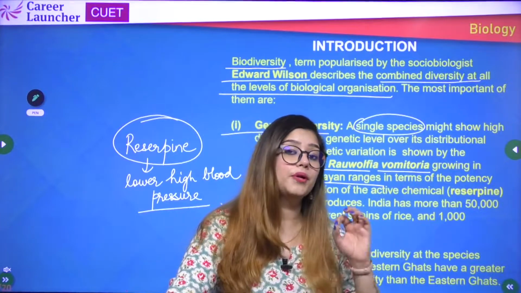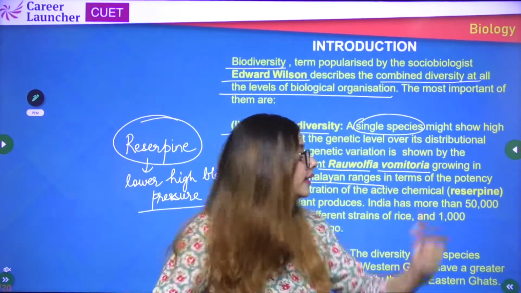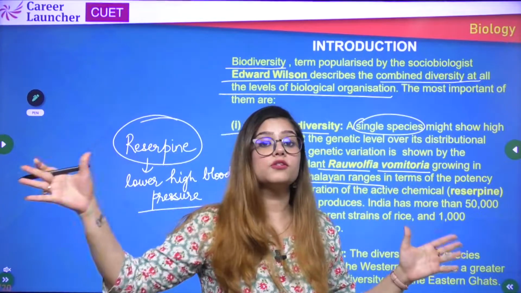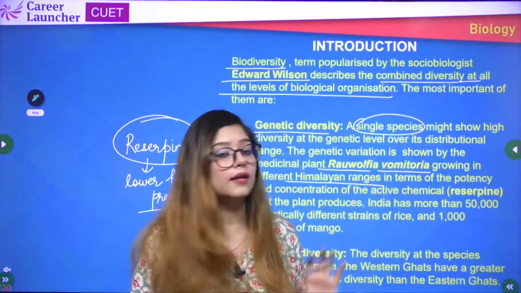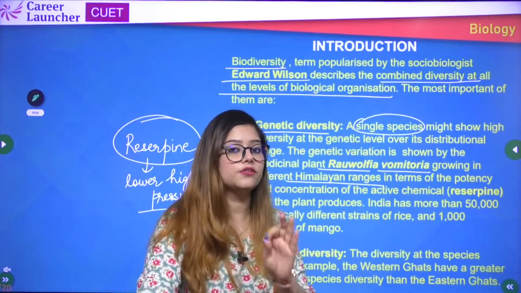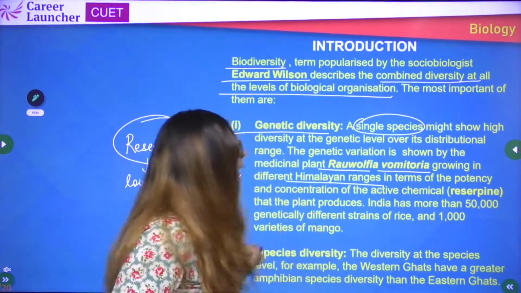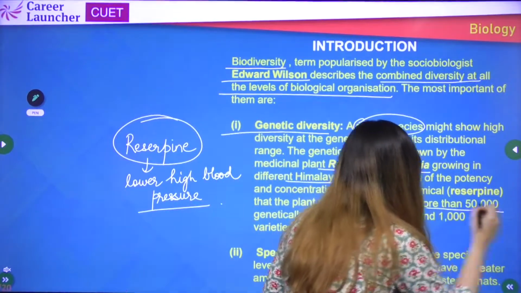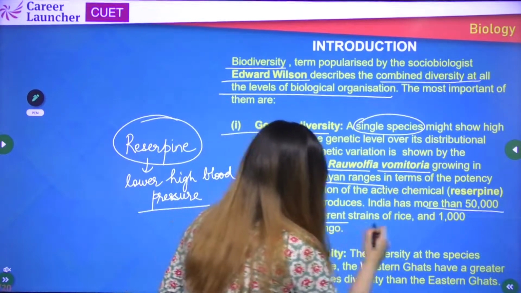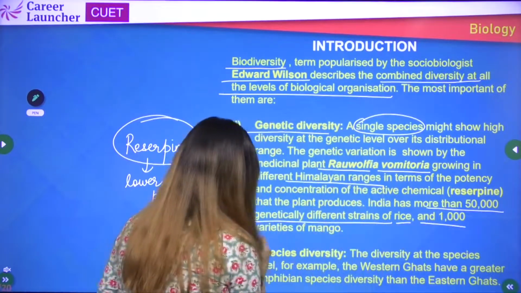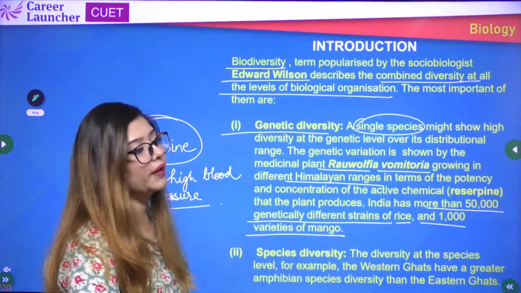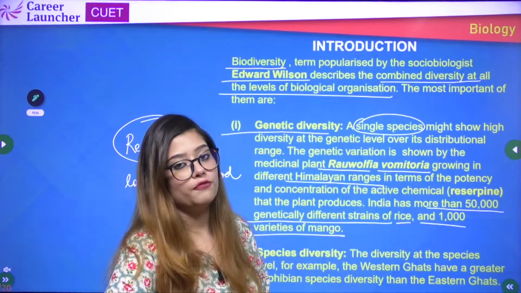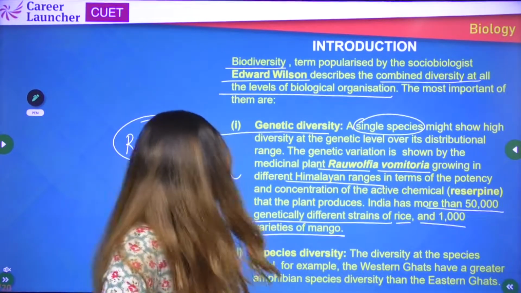So the potency and concentration of reserpine will be different. It's the same plant, but because it is growing at different locations in the Himalayan range, the concentration and potency of reserpine is going to be different, right? Another example is that India has more than 50,000 genetically different strains of rice and 1,000 varieties of mango, so that itself is a very huge example of the genetic diversity which is seen.